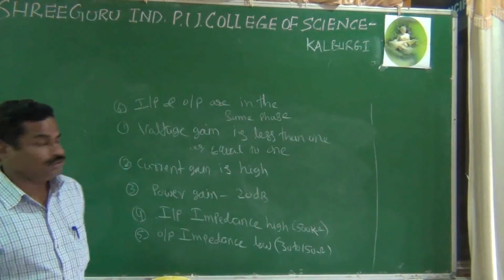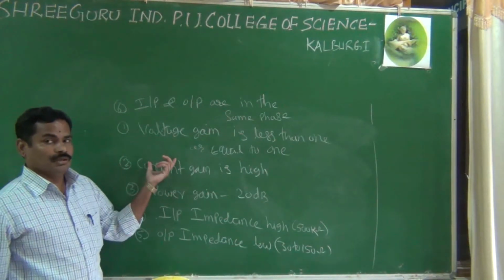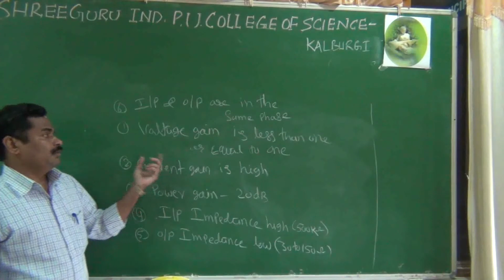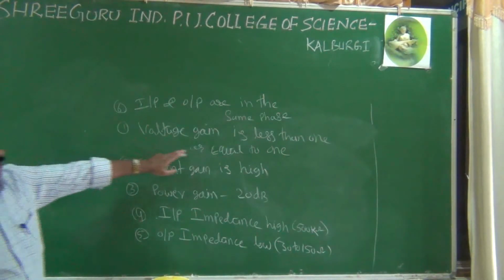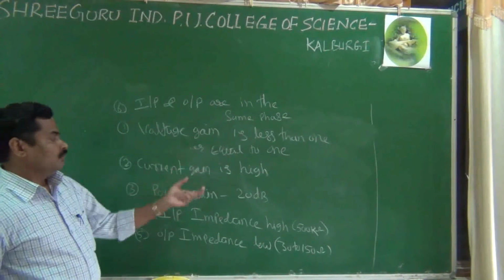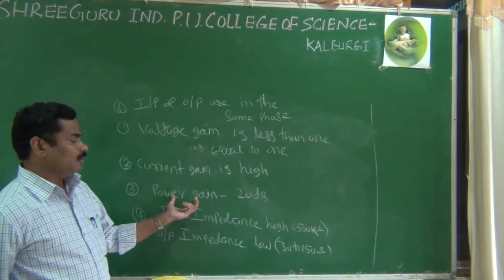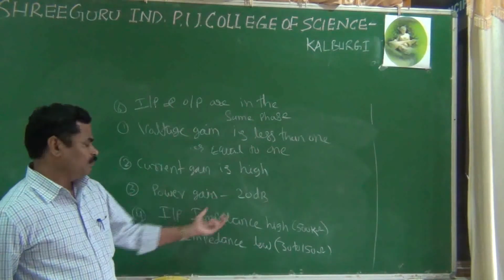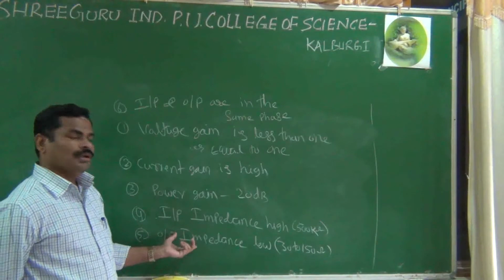These are the important characteristics or important parameters of your common collector amplifier. The first one is the voltage gain is less than 1 or nearly equal to 1, and you have more current gain, and the power gain is very less, 20 dB, and the input impedance very more and output impedance very less.